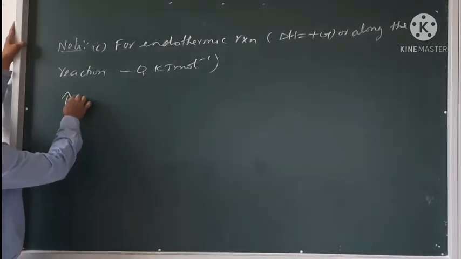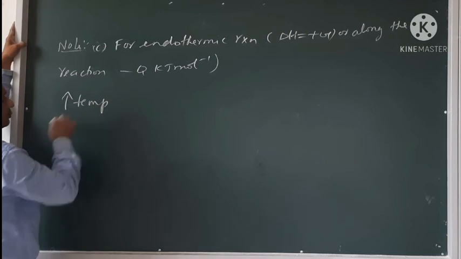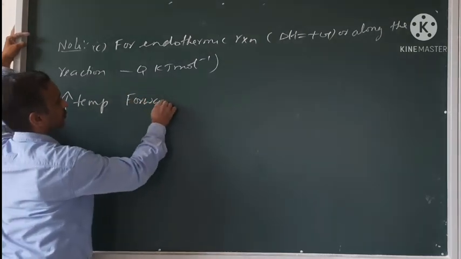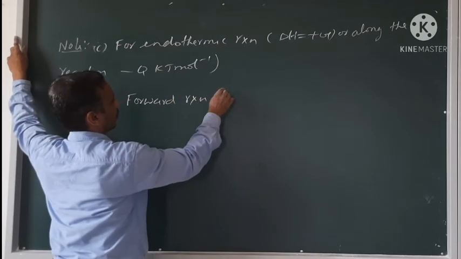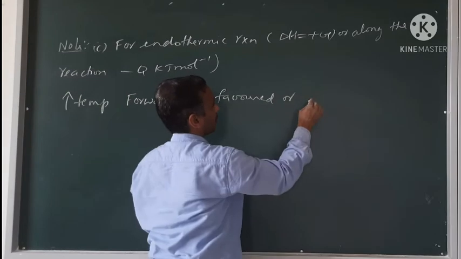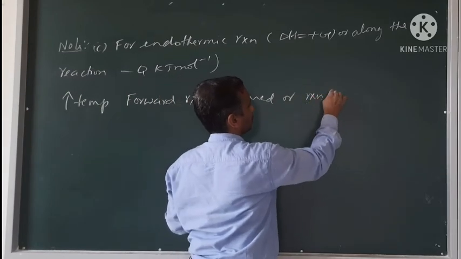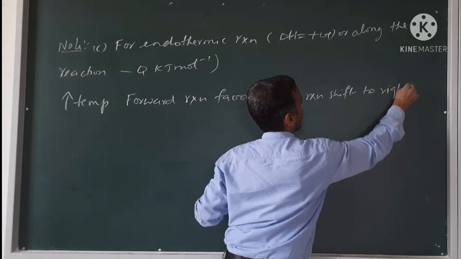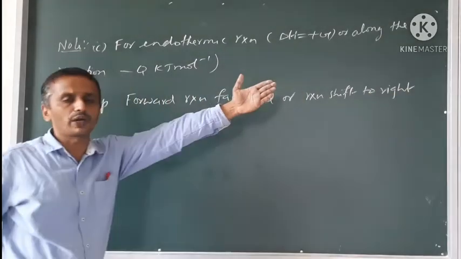Then increasing temperature, forward reaction favored, or the reaction shifts to the right. Reactant to product will be favored.